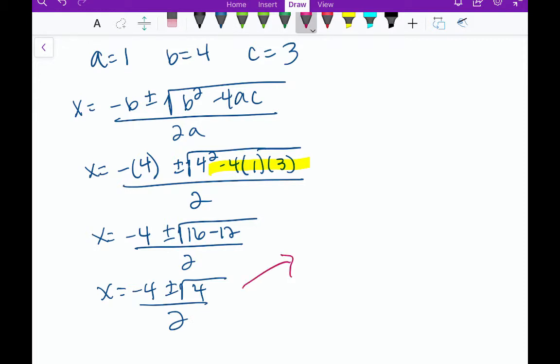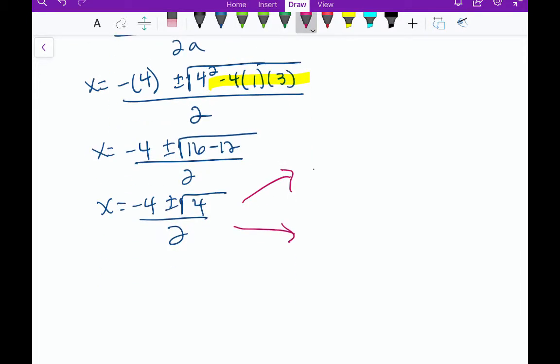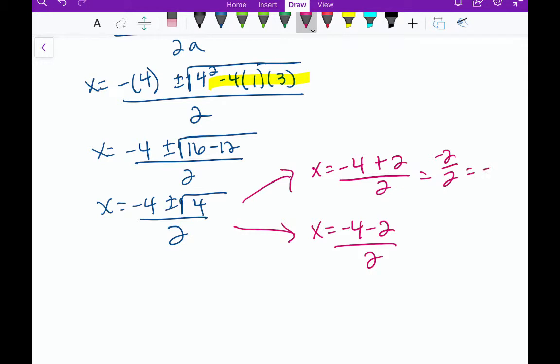Now I split into two answers. x equals negative 4 plus 2 over 2, because the square root of 4 is 2, and x equals negative 4 minus 2 over 2. Negative 4 plus 2 is negative 2 over 2, which is negative 1. Negative 4 minus 2 is negative 6 over 2, which is negative 3. So my solutions are negative 1, 0, and negative 3, 0.